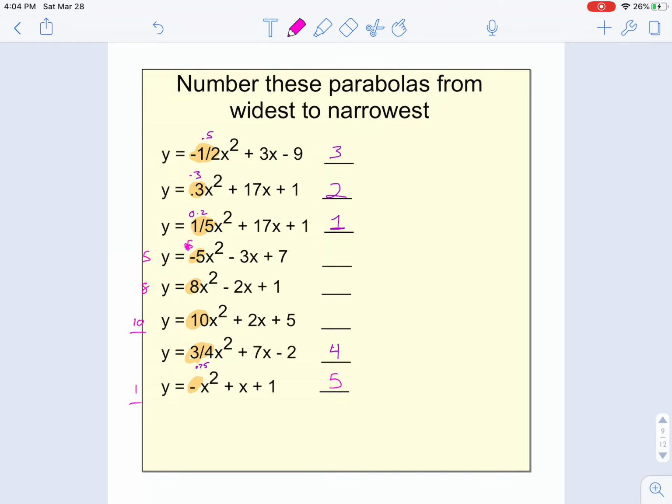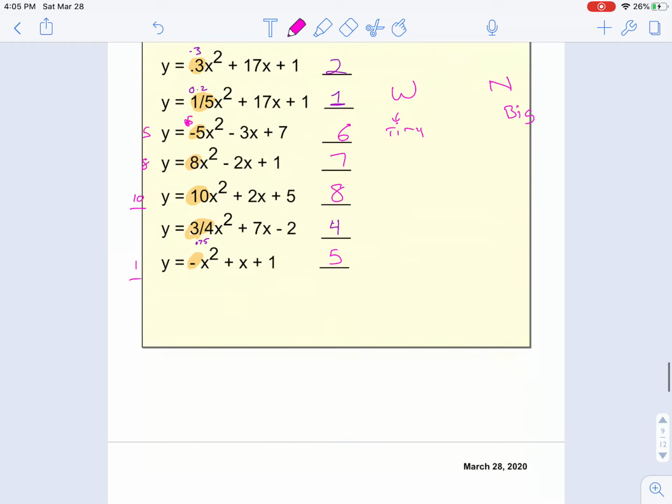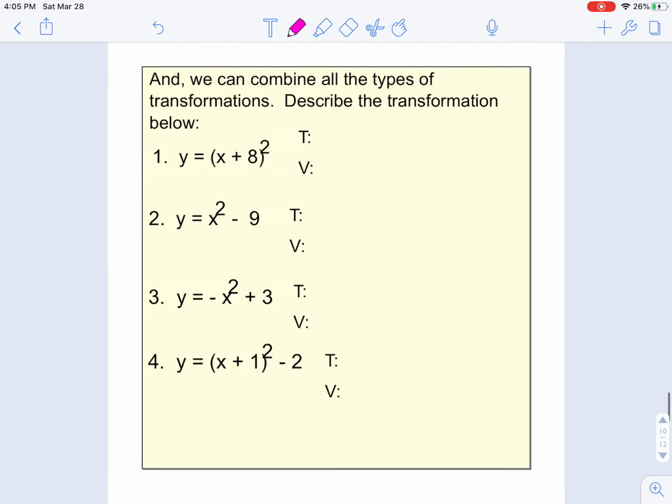So if I keep going up from widest to narrowest, 1 will be my next one, then 5, then 8, and then 10. Basically, from a wide to a narrow, these are my really, really big numbers. These are my tiny numbers. Okay? That's how I'm looking at these.